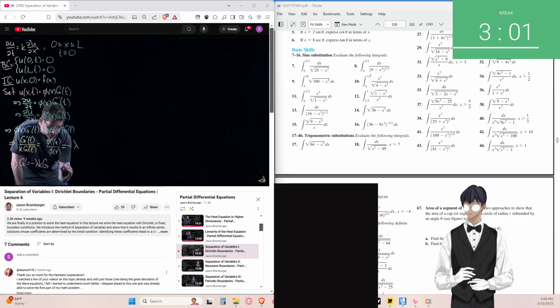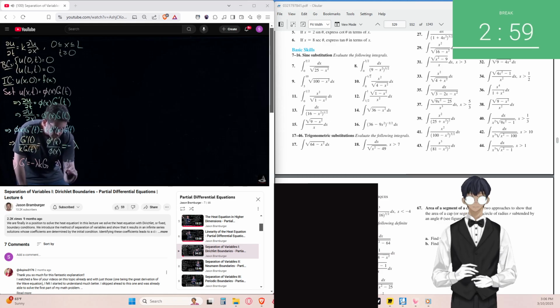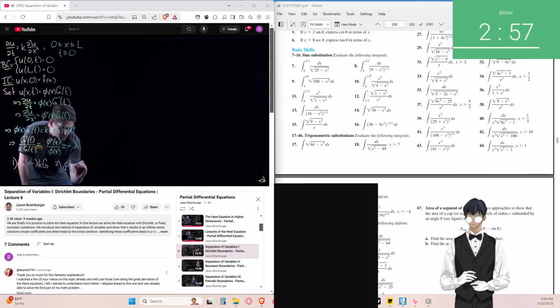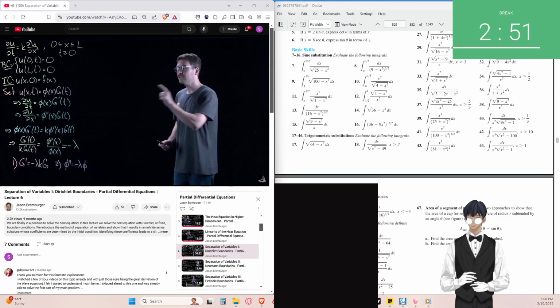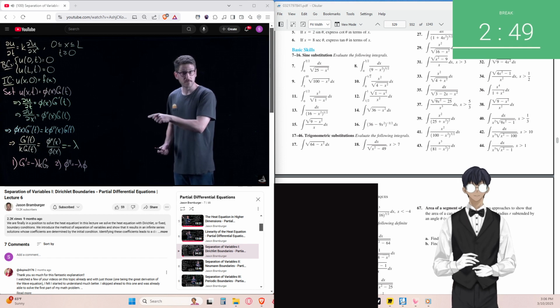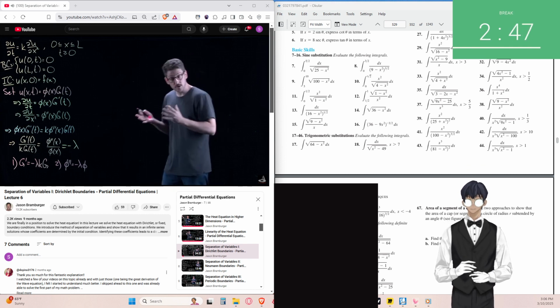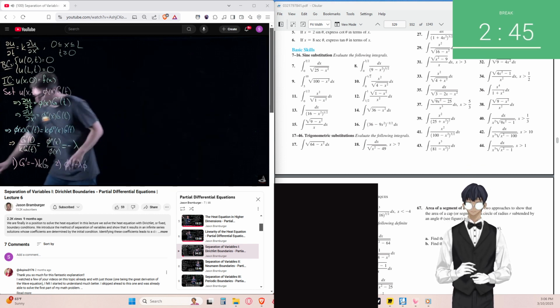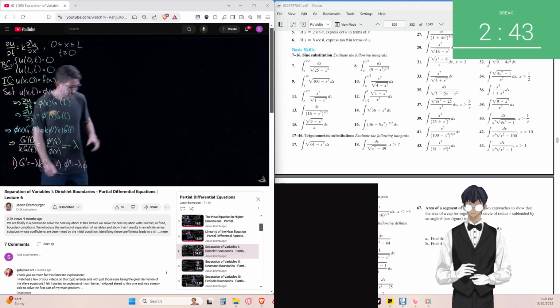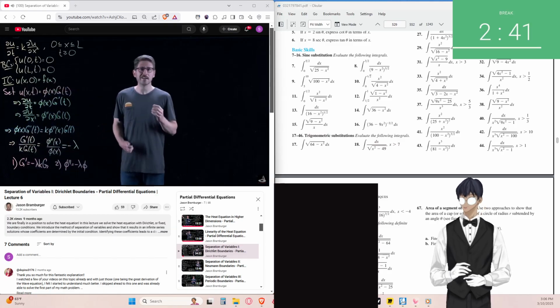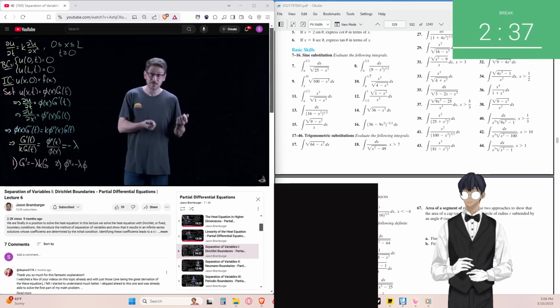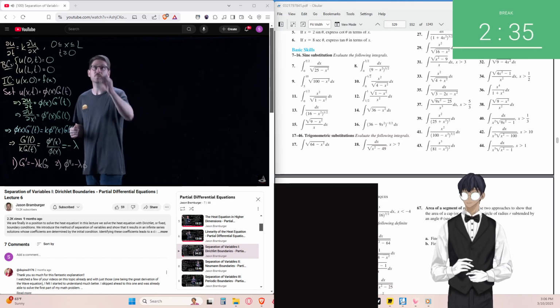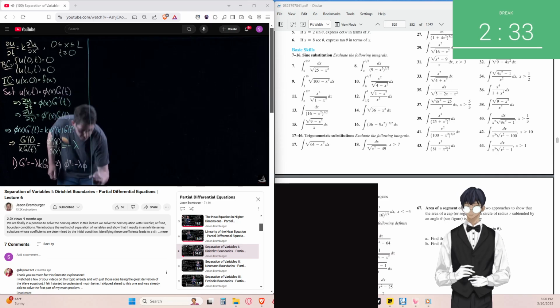And my second equation is phi double prime of x equal to minus lambda phi. Again, what separation of variables did is turn this into an ordinary differential equation problem. That's why I said that you should probably know ordinary differential equations before coming to this. And really, this is how we attack a lot of PDEs. We try to turn them into ODEs because we can solve ODEs much better than we can PDEs.